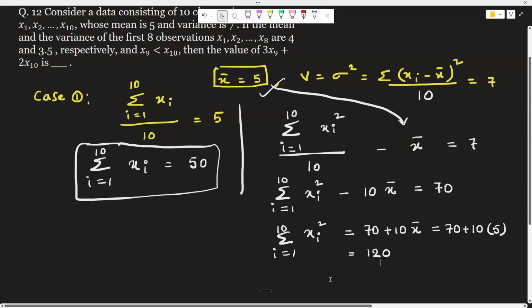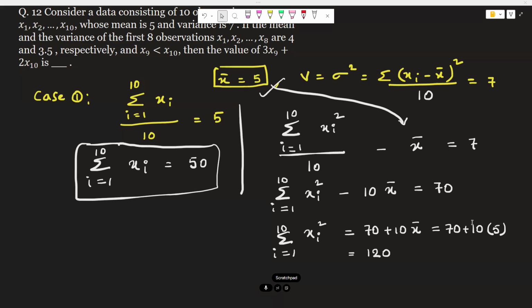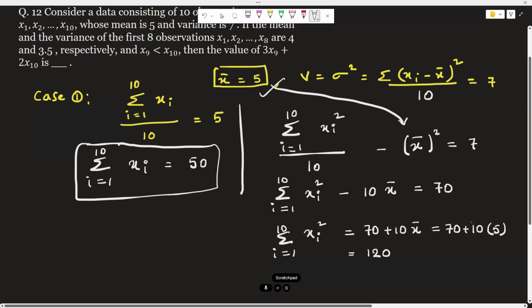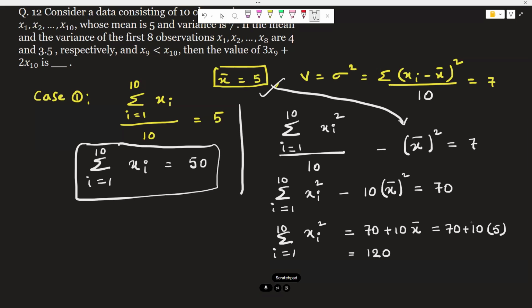Next, here we forgot to write the whole square, the mean square. Now this value becomes 70 plus 25 tens are 250, 250 plus 70, 320.